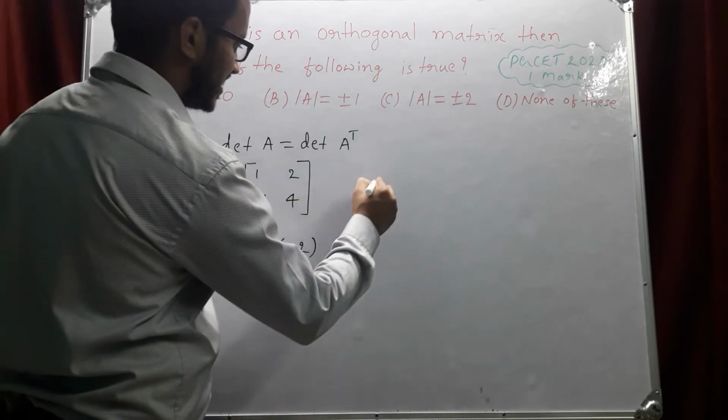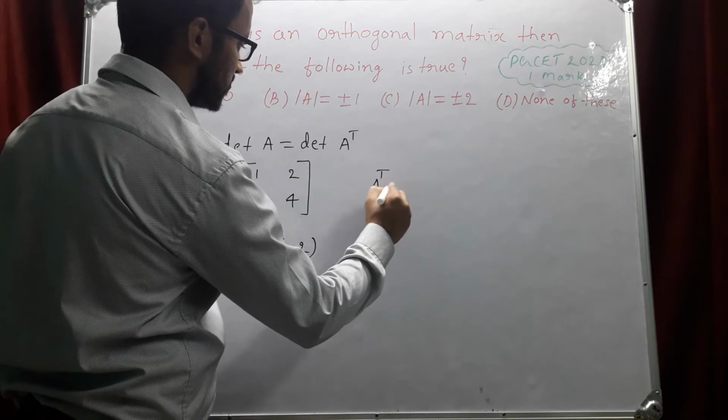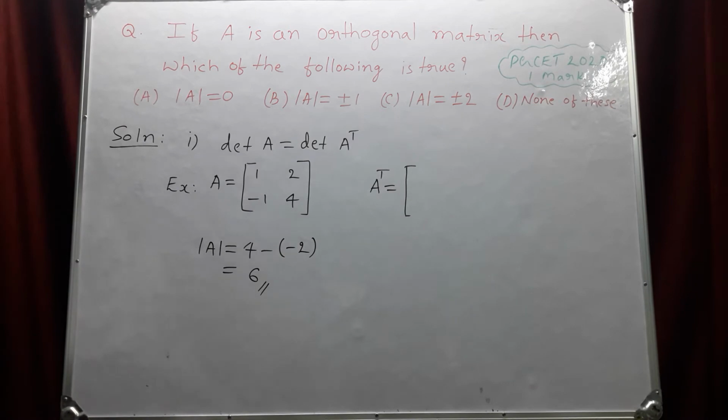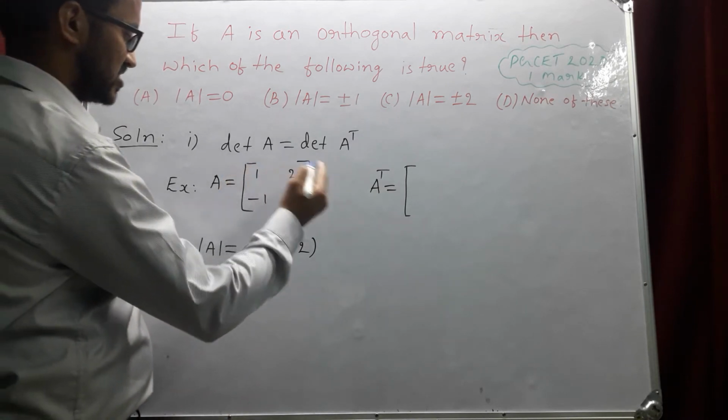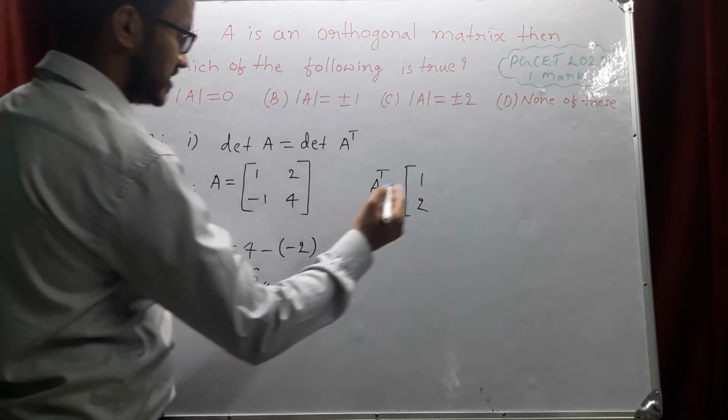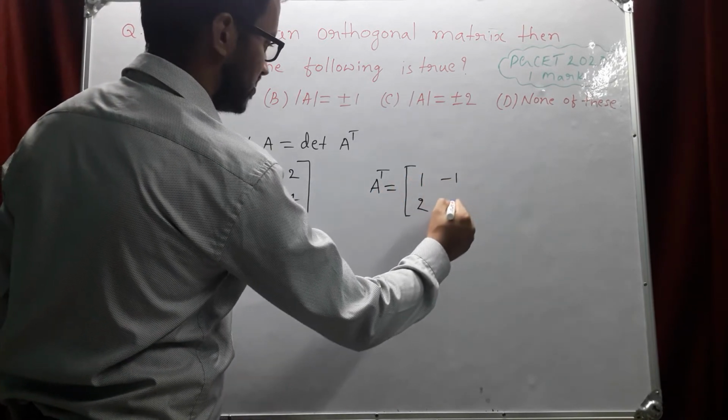A transpose of a matrix means you interchange rows and columns. So I write the first row as the first column and the second row as the second column: 1, minus 1, 2, 4.